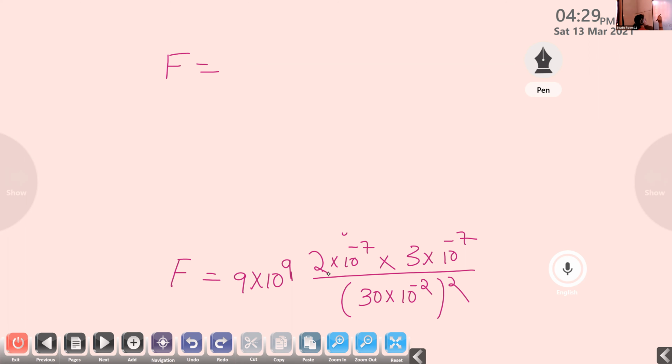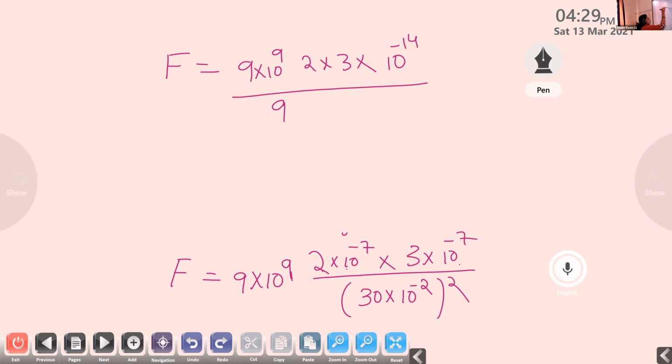So it becomes equal to 9 into 10 raised to 9, 2 into 3. What is 2 into 3? Or we can write 2 into 3 into 10 raised to minus 7 into 10 raised to minus 7. What is 10 raised to minus 7 into 10 raised to minus 7? 10 raised to minus 14. Yes, it is 10 raised to minus 14, right? Divided by 30 into 30 because it is 30 square.